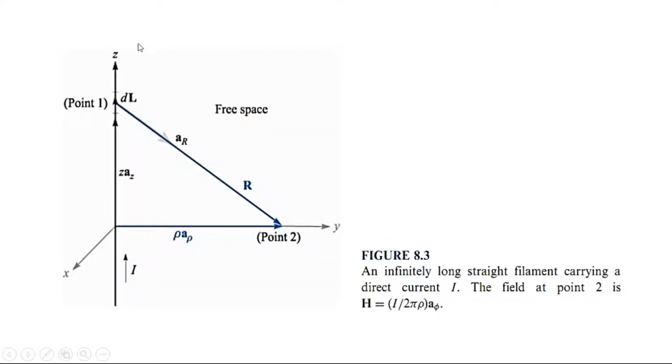As we have placed the infinitely long filament along the z-axis, symmetry shows that there is no variation along the z-axis and along phi. So we will select point 2 in the z equals 0 plane. This is our field point at which we want to find the magnetic field intensity.